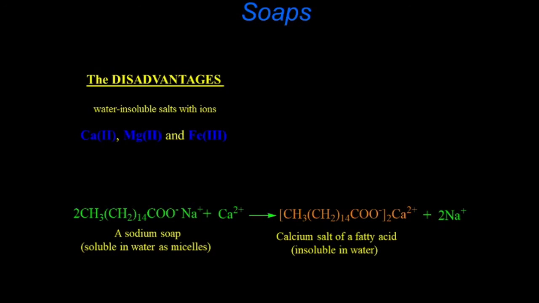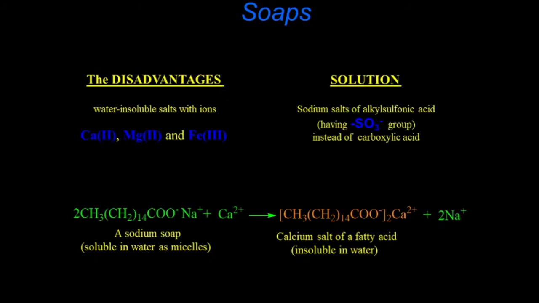But chemists recognized that the essential characteristics of soap could be produced in a molecule containing a sulfonate group instead of carboxylate. For example, calcium, magnesium, and iron salts of alkyl sulfonic acids are much more soluble in water than comparable salts of fatty acids. So this synthetic analog of fatty acids is popular in industry now, and we call them detergents.